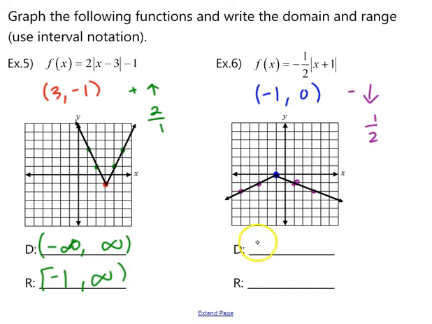Now let's write the domain and range. Forever to the left, forever to the right. Since this is going to go down forever, our lowest y value is -infinity, and our highest y value is 0 included.